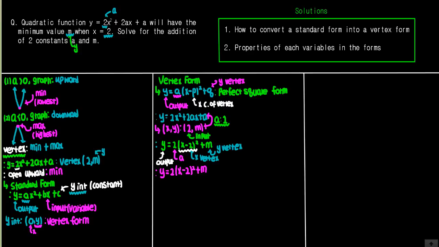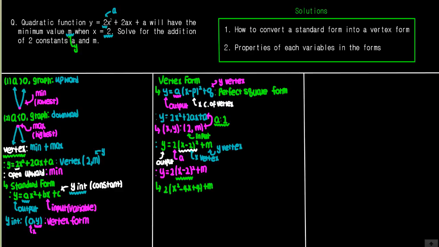According to the order of operations, we always calculate x minus 2 first. And because there is a square term, it will turn into 2 times x squared minus 4x plus 4, and we still have plus m.